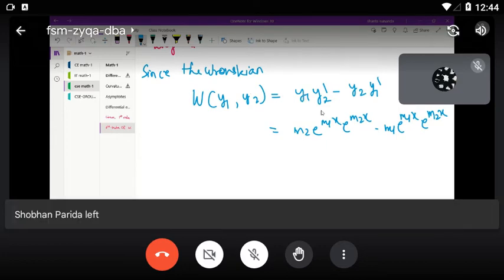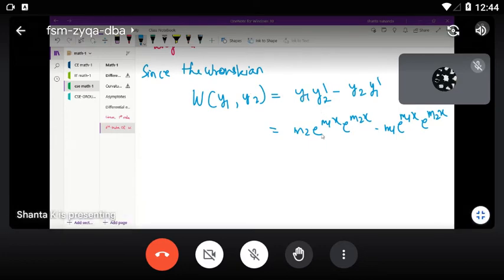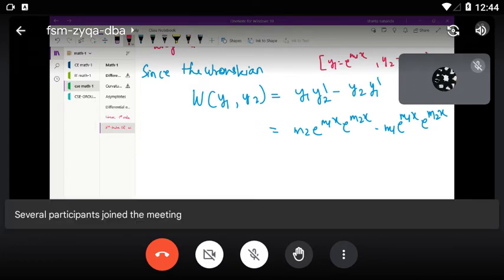We have y1 equal to e power m1x, and for the derivative of y2 we have m2 into e power m2x. Since we are assuming y1 and y2 are solutions, we can write it like this.